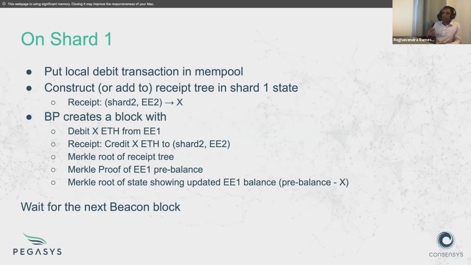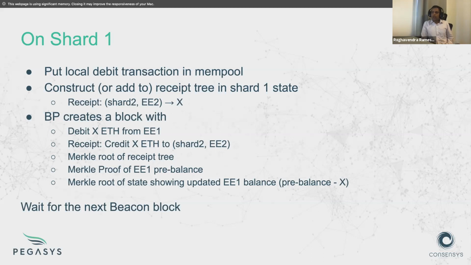If it exists, then it will add this receipt, which is nothing but the outstanding pending credit transaction, to this receipt tree, like shard 2 E2 X. And the block proposer, let's say, picks up this local debit transaction, which debits X ETH from E1, and has to include the receipt transaction also in the same block.